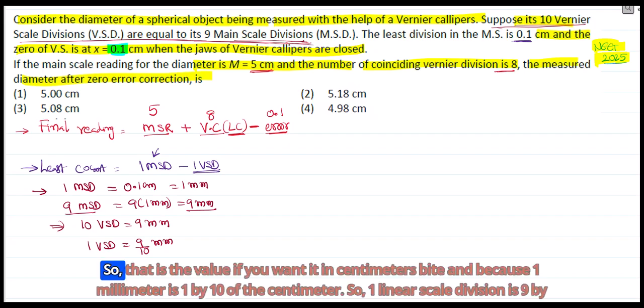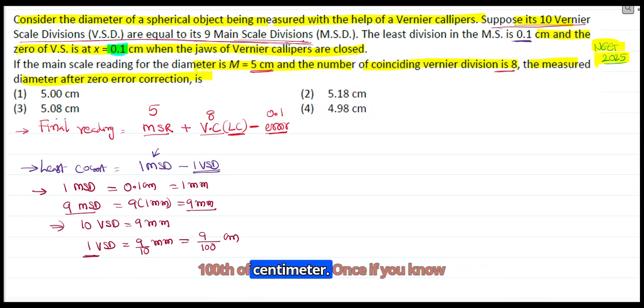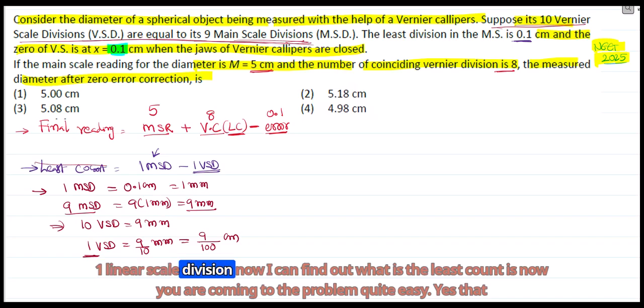If you want it in centimeters, divide by 10, because 1 millimeter is 1 by 10th of a centimeter. So 1 Vernier scale division is 9 by 100th of a centimeter. Once you know 1 Vernier scale division, I can find the least count. Now we are coming to the problem, quite easy.